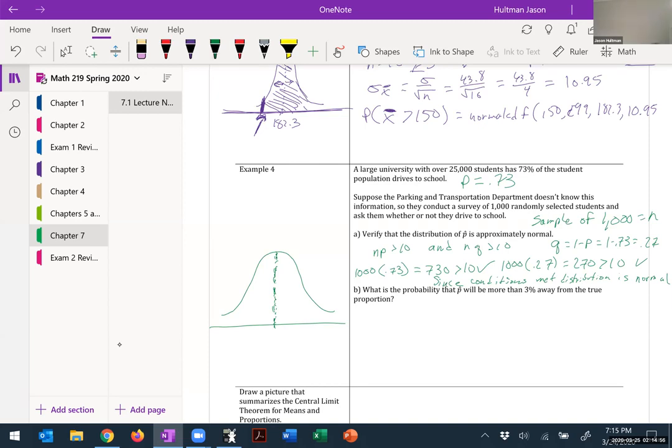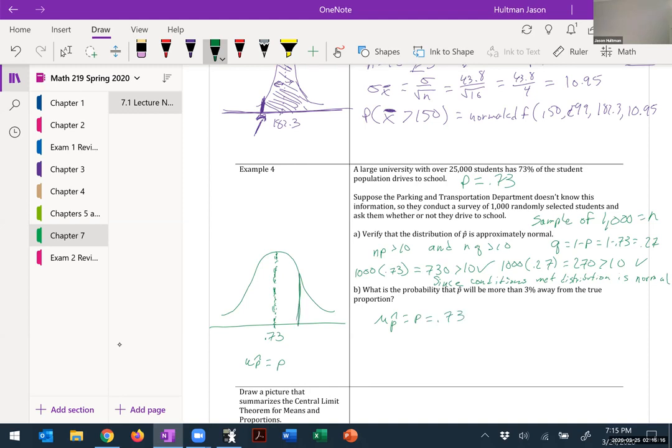Let me write this down here. The middle here is going to be 0.73. That's the mean. Mu of P hat is equal to P, which is 0.73. Now, what's within 3%?